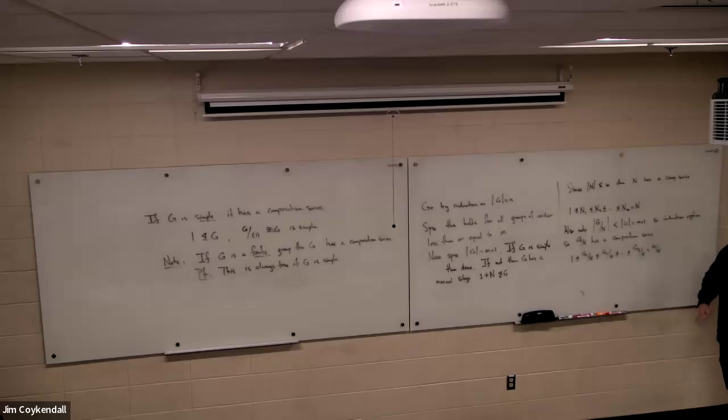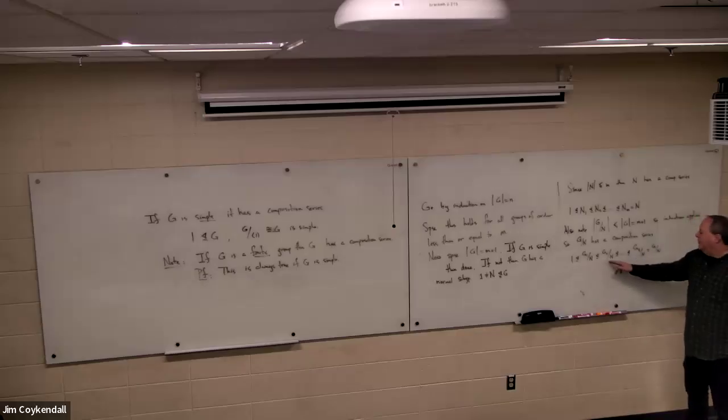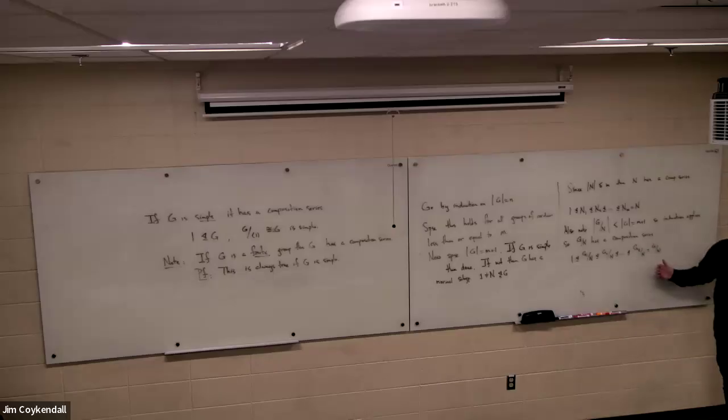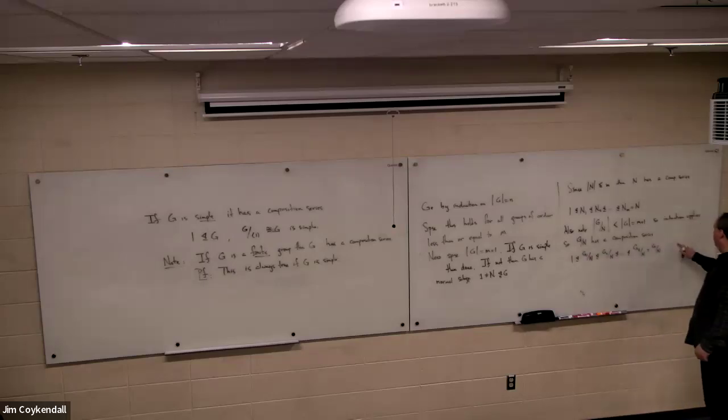Now, what I've done here without saying anything is I'm actually using the third isomorphism theorem, because this chain of subgroups, these have to be subgroups of G mod N, right? But the third isomorphism theorem says, hey, what do subgroups of G mod N look like? They're subgroups of G containing N, right? Everybody okay with that?